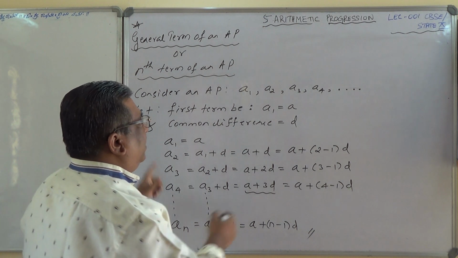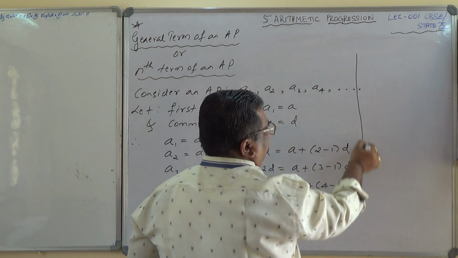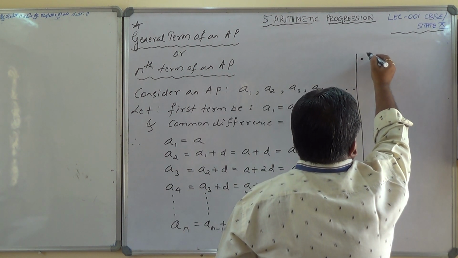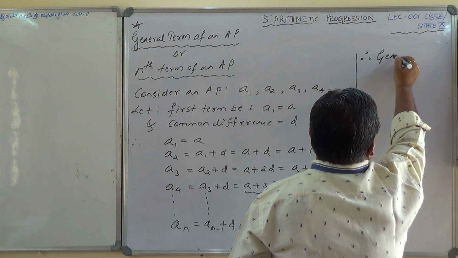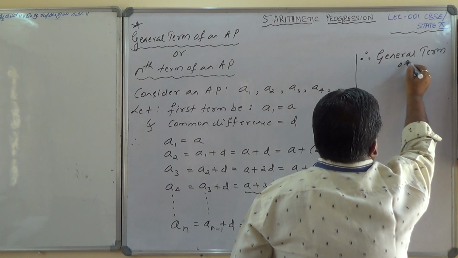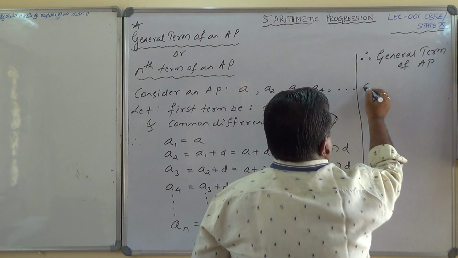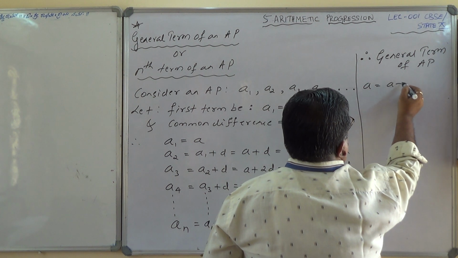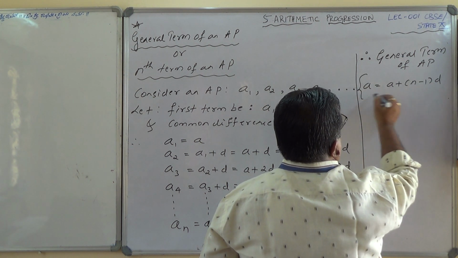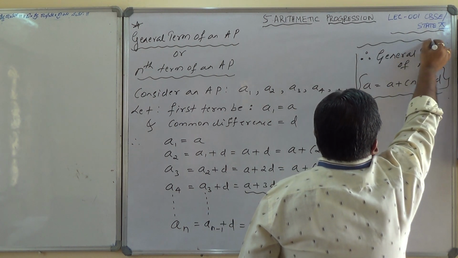And therefore, finally I'll write here, the general term of an AP, An equals A plus (n minus 1) into D. This is the most important formula.